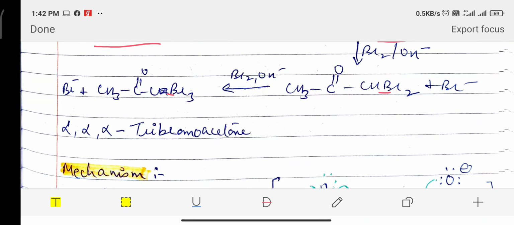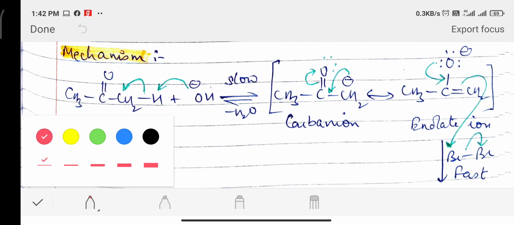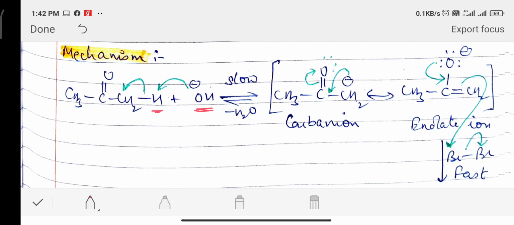The mechanism for this is: in the presence of base, the base abstracts an alpha hydrogen and we get a carbanion. This carbanion is resonance stabilized, it can change into an enolate ion, and then this attacks the bromine.